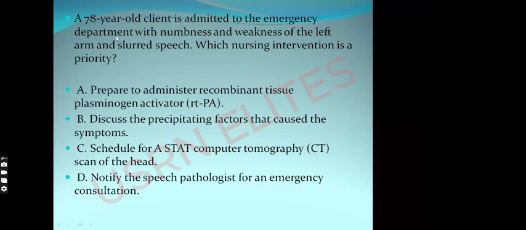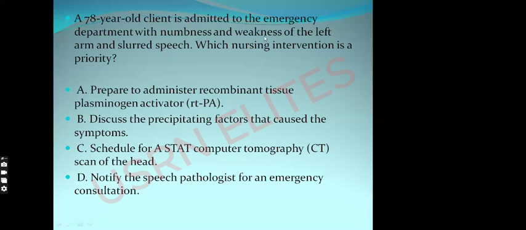We have another one here. A 78-year-old client is admitted to the emergency department with numbness and weakness of the left arm and slurred speech. Look at the age and at what is happening here.